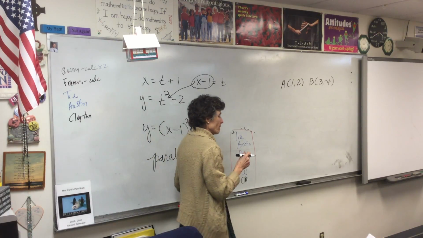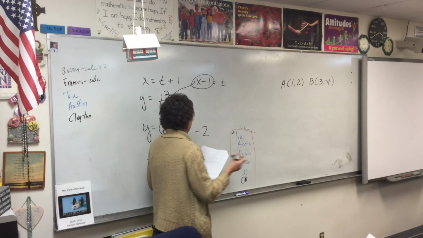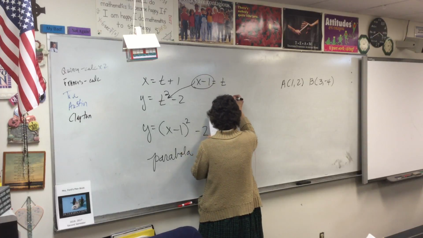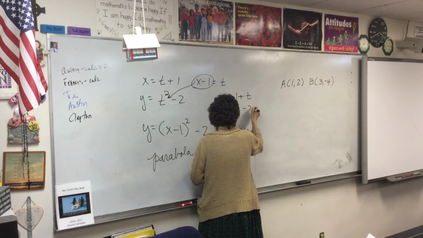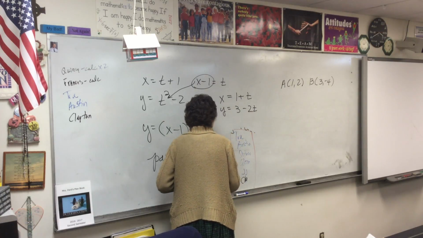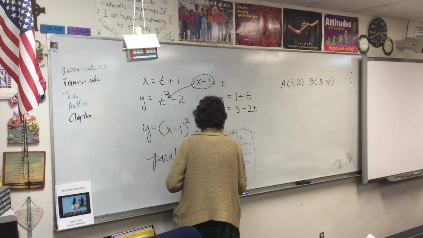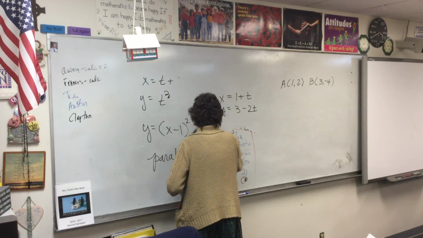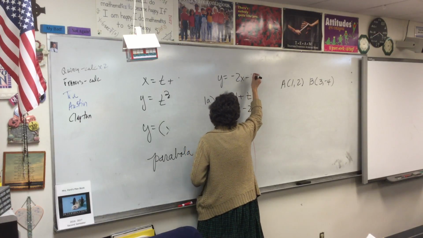Now, look back at problem number 1A. Those were a line. These were parametric equations of a line. This is 1A. What was the answer to 1A? What did we get as an answer? Y equals negative 2x plus 5.